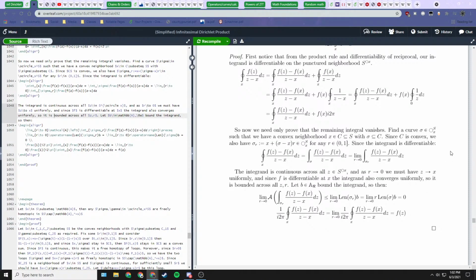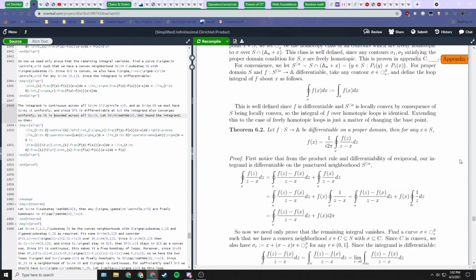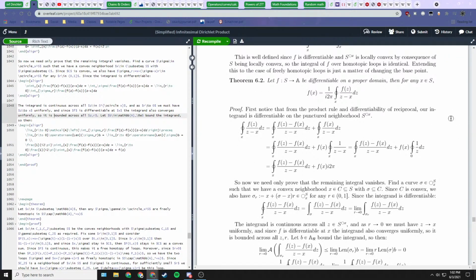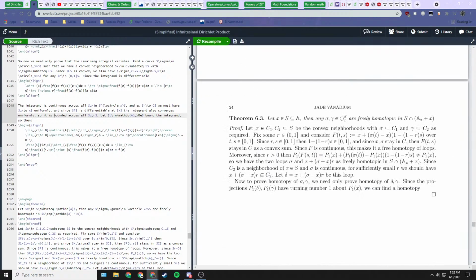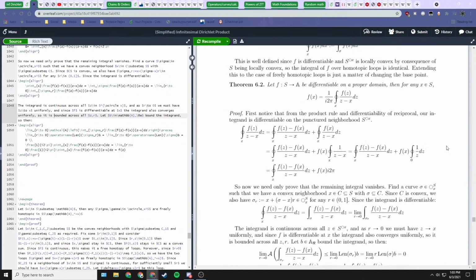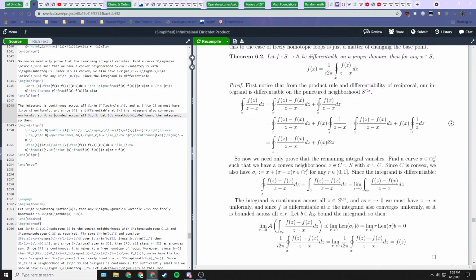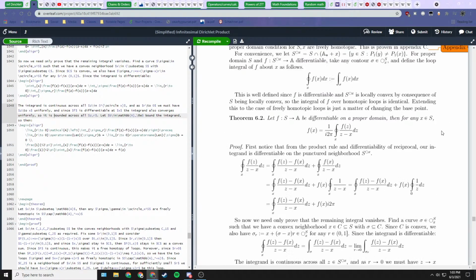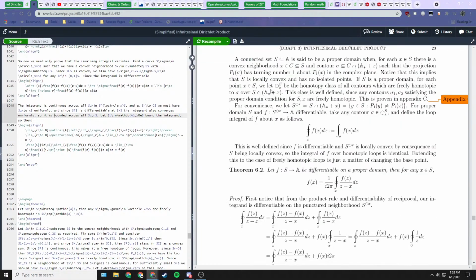Another one of the things we haven't proven that we used here, or rather, I guess we did prove, but we've just sort of shoved it down here, is that we haven't finished the proof that this homotopy class is well defined.